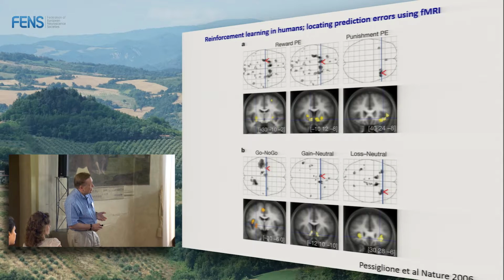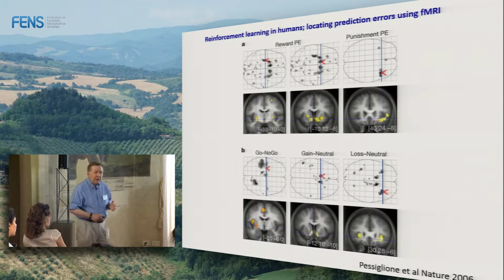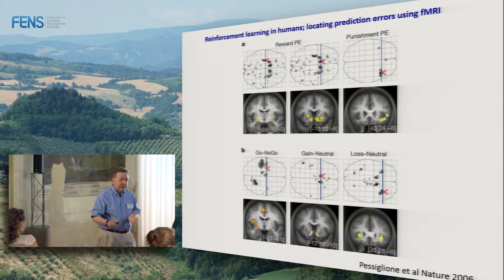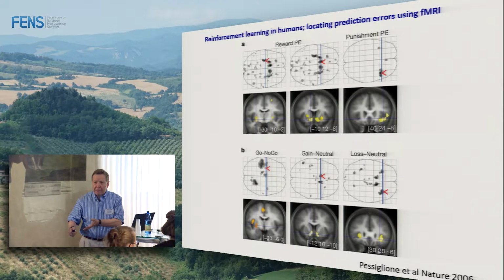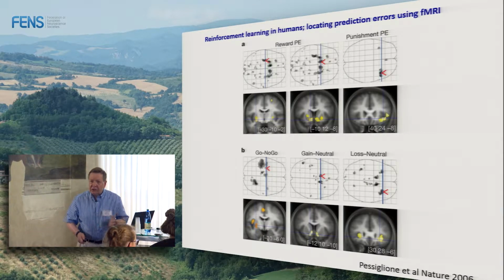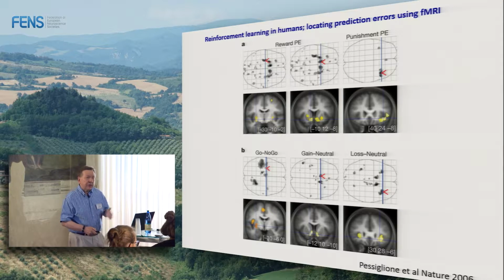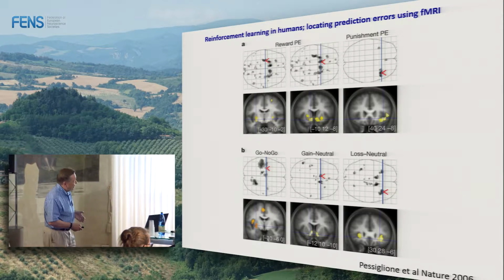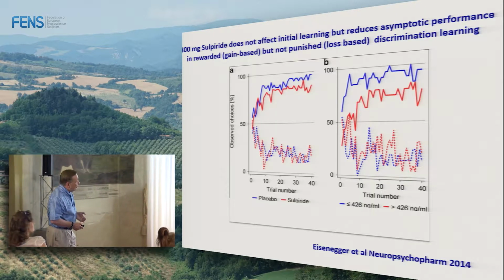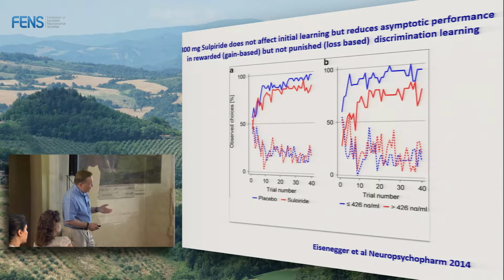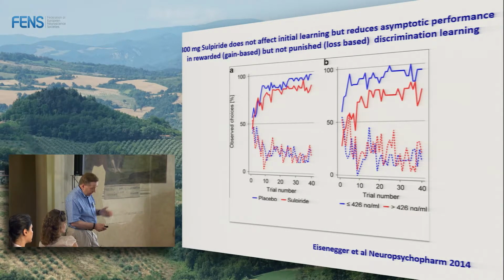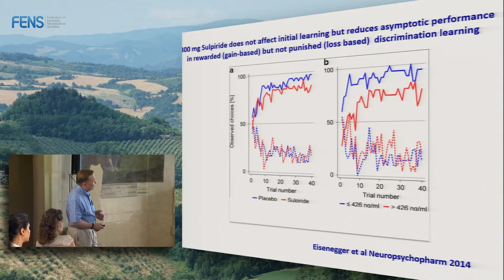The ventral striatum in particular. So this is a beautiful translation of the monkey to the human work. And it shows this possibility of going into a neurocomputational area. Your own work on this with a D2 antagonist, a very selective one, showed some interesting effects.